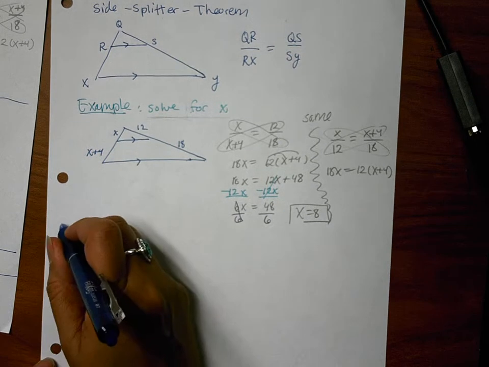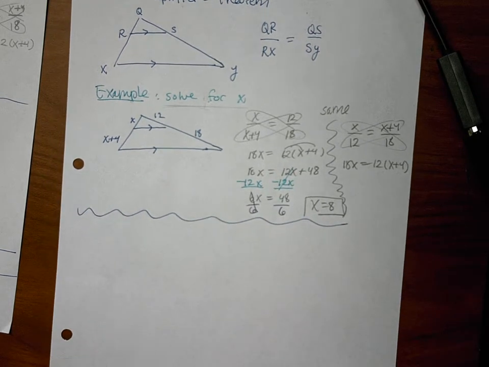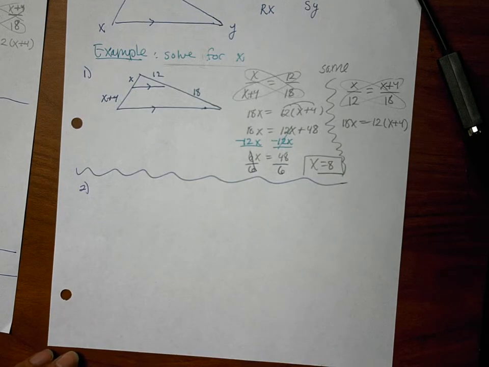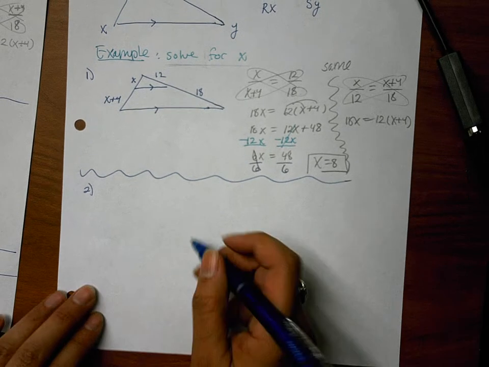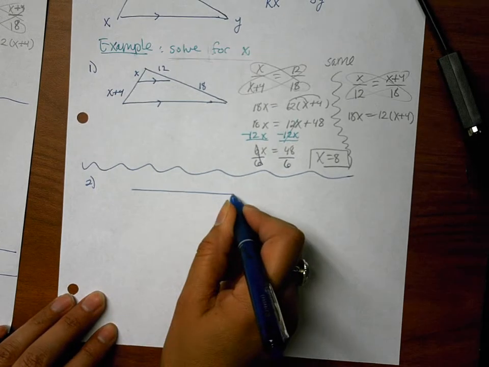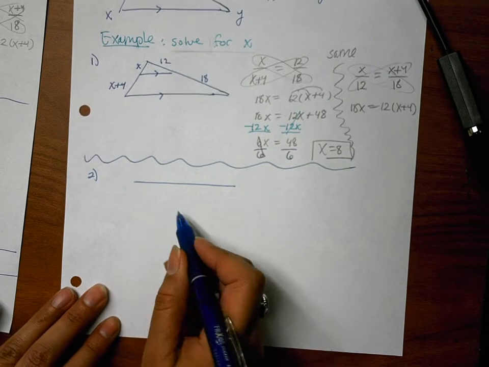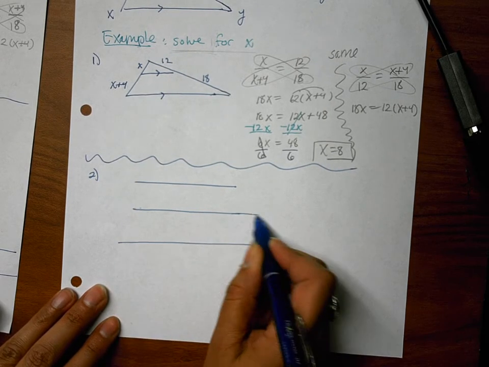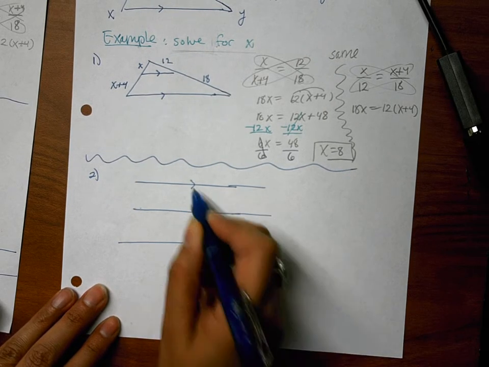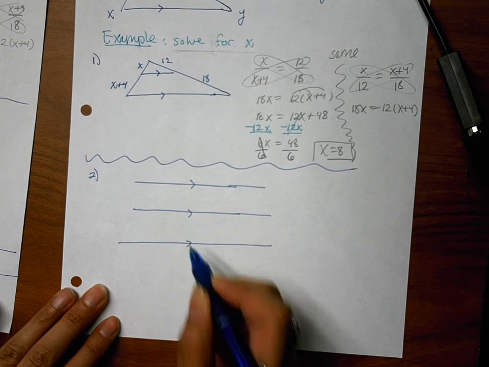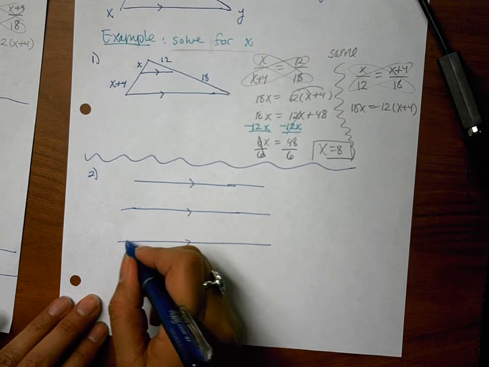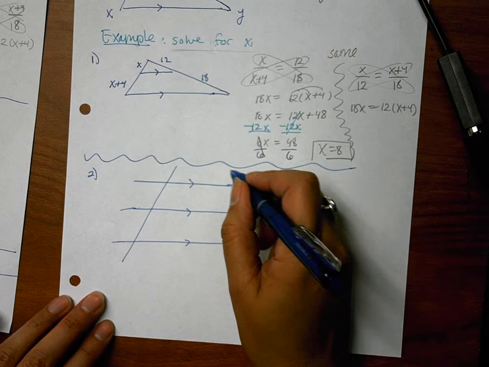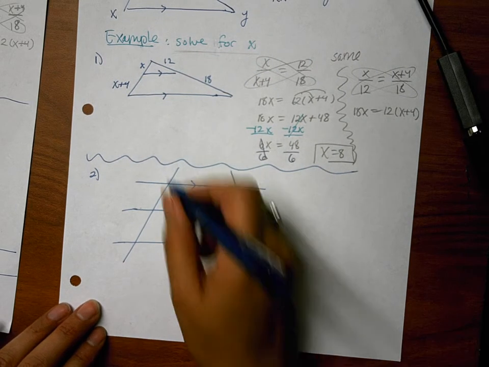All right, corollary to the side splitter theorem. It also works for multiple parallel lines. So if I have multiple parallel lines cut by two transversals, the transversals do not have to be parallel.